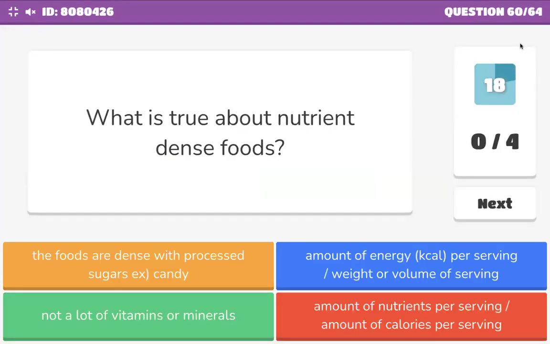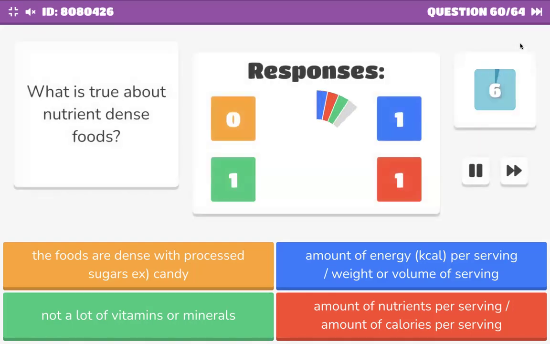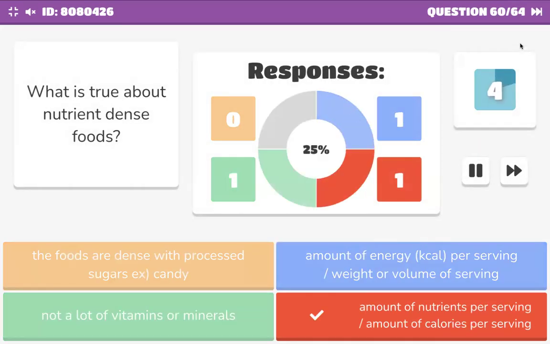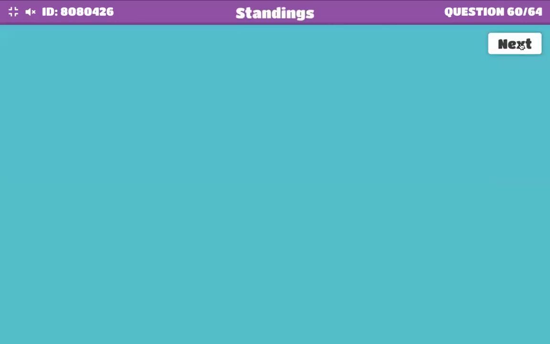What is true about nutrient-dense foods? Amount of nutrients per serving over amount of calories per serving.